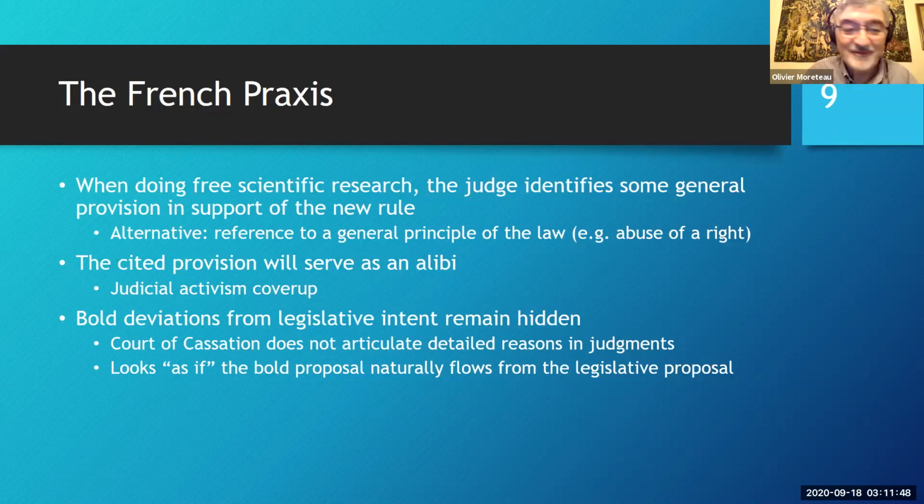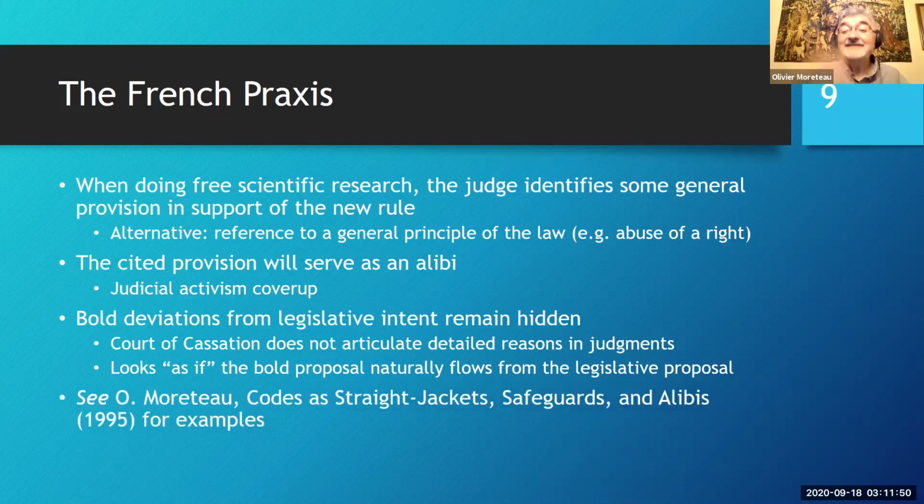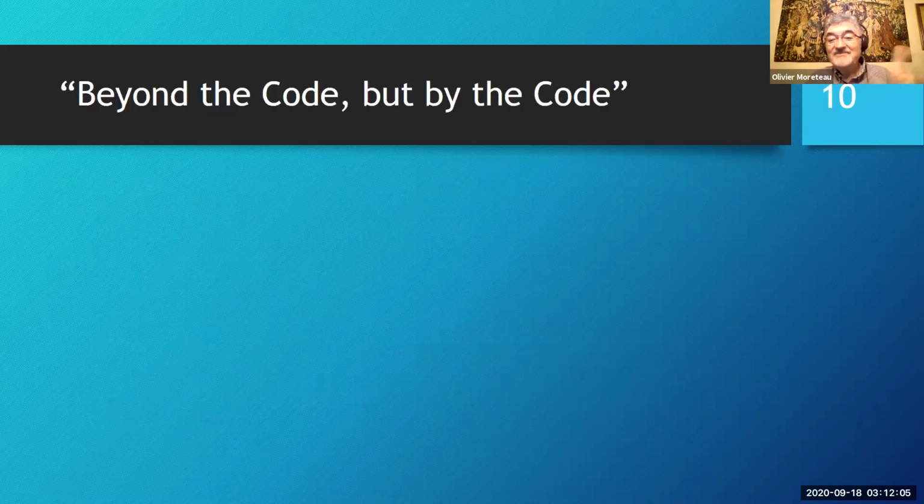That's artful, right? And in my article, Codes as Straitjackets, Safeguards and Alibi, that you have read, I'm giving in the last part of the article examples of such uses. I'm just giving you or reminding you of these examples where judges go beyond the code, but by the code.